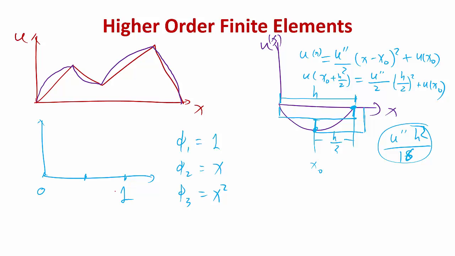Because they don't satisfy continuity. Only this one satisfies continuity. So the question is, we already have a good basis for the piecewise linear functions. Can we somehow enrich the basis functions, adding some more functions to form a basis of piecewise quadratic functions?